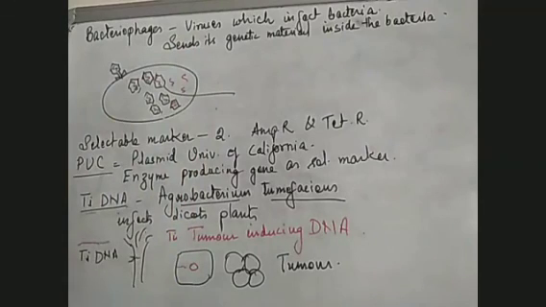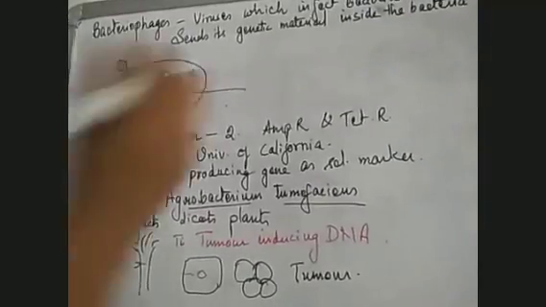Here also we use the tumor inducing DNA for transferring the desired gene into the host and multiplying in number, so that it can multiply and produce a lot of that kind. So here also we used it for our benefit. This particular process is known as disarming.